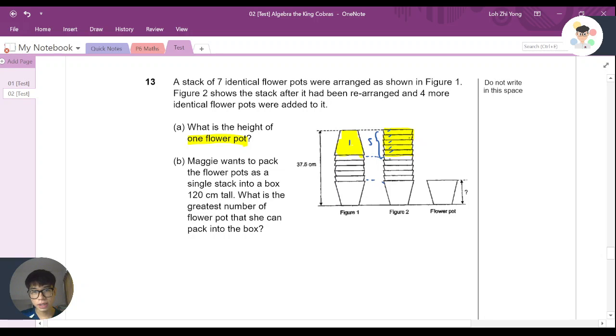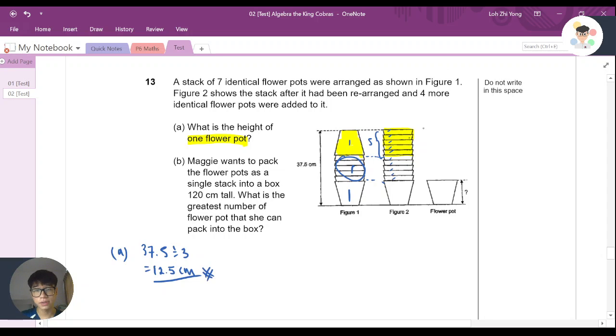This whole part actually means one pot also, and here also one pot. So you know that A is actually 37.5. As long as you divide by 3, the answer will be 12.5, and that is the answer, 12.5 cm.